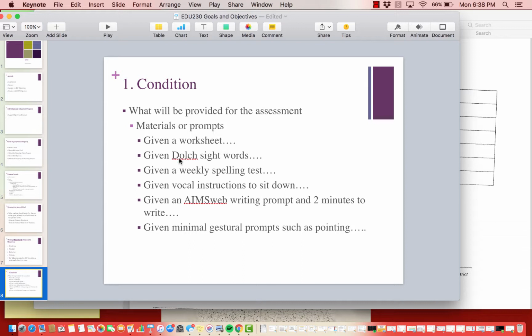If you're going to be using a set of sight words and asking the student to be able to say those sight words, then your condition becomes given Dolch sight words. So whatever it is that you're going to ask the student to do, there are certain materials or certain expectations that everyone that's going to be assessing the objective will need to know. And that's what is the given, or that's what the condition is.